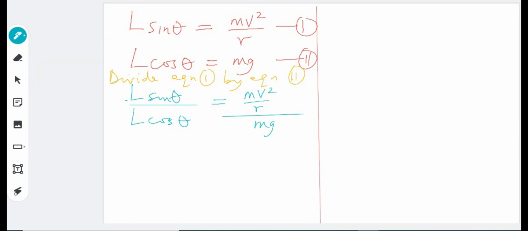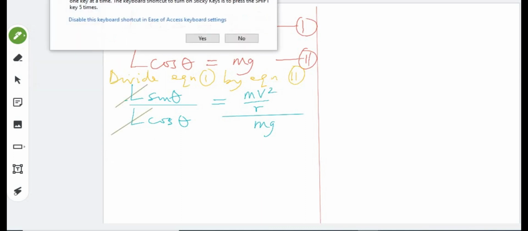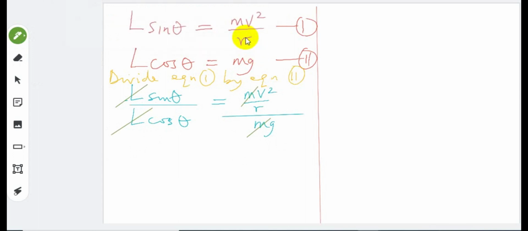Now, some quantities can cancel out: L cancels L, and m up here cancels m down here. Remember, this theta can't cancel this theta, because sine theta is a single unit expression. Theta is not separate from sine.